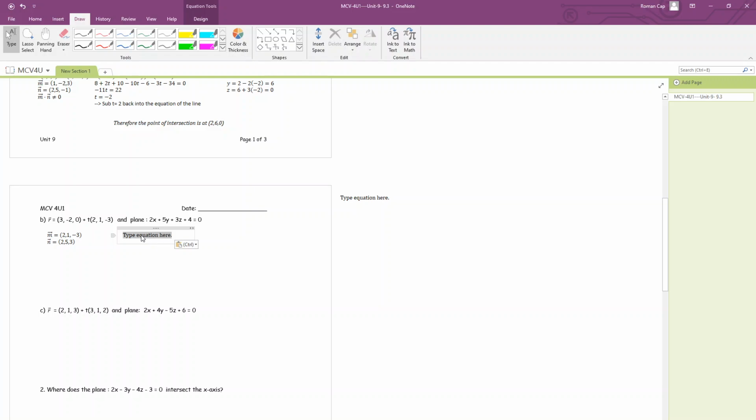So here, I'll just put it into this other form so it's easier to see. So x is equal to 3 + 2t. y is equal to -2 + t. And then z is equal to -3t.